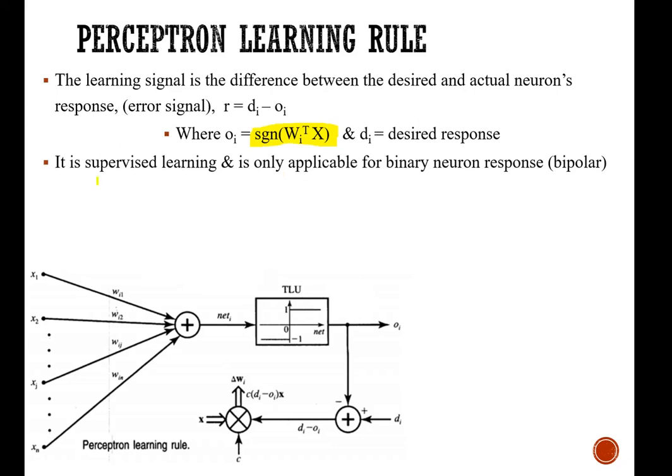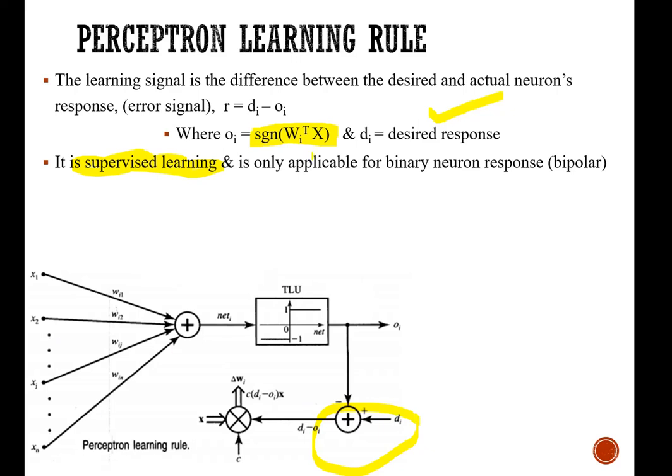Now, the perceptron learning rule is a supervised learning rule. Why is it supervised? Because of the presence of the desired response. We have the desired response given in the question, so we already know what the desired output should be.